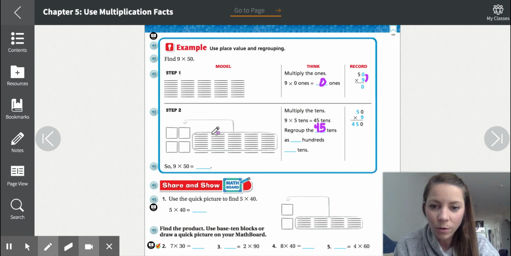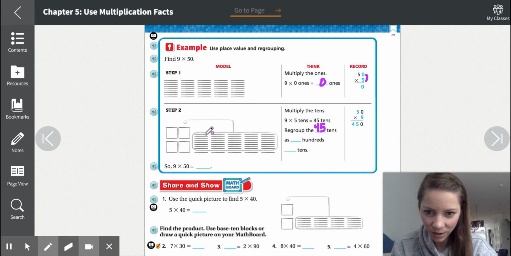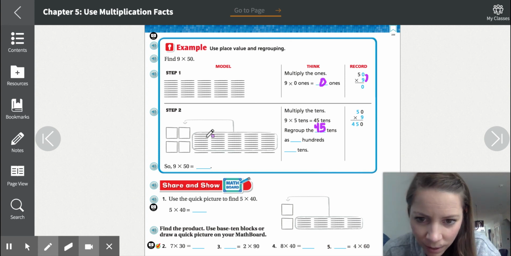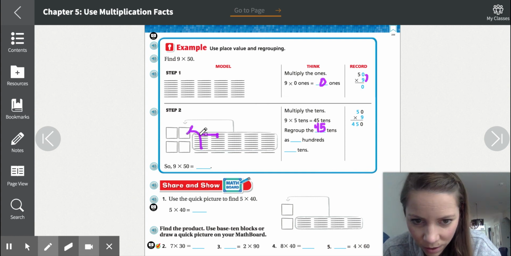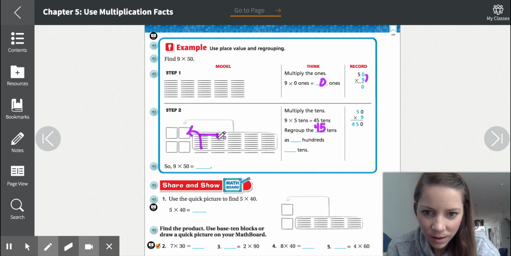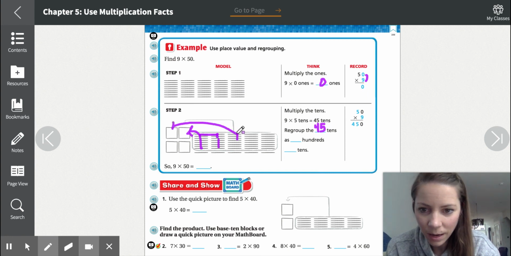It's a weird way of doing it. Why did they do it like this? There's 8 here and 2 here, so 10 of these is going to make the first 100. 10 of them is going to make the second 100.